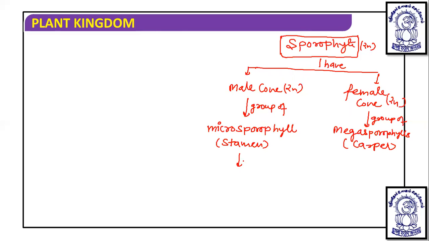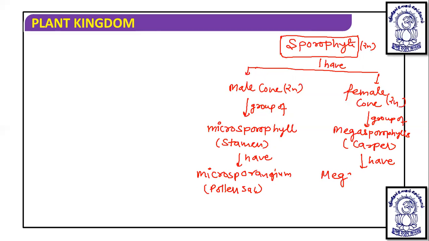Now this microsporophyll has microsporangia, and microsporangia are known as pollen sacs, whereas the megasporophyll or carpel has megasporangia. And these megasporangia represent the ovule, so they are also diploid, and the pollen sac is also diploid.